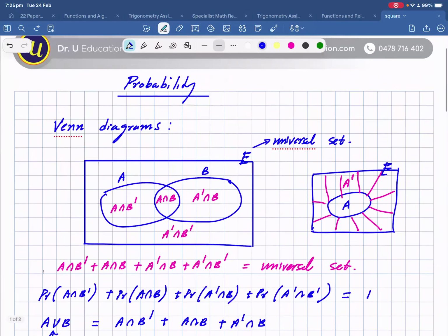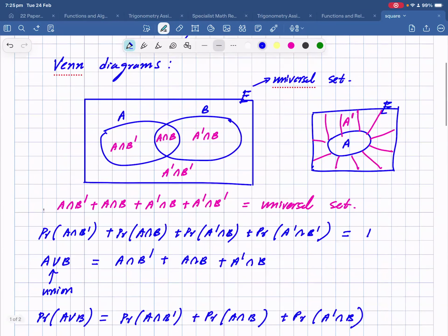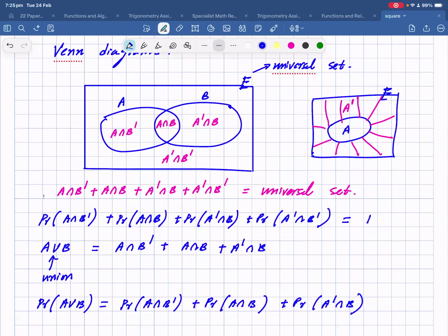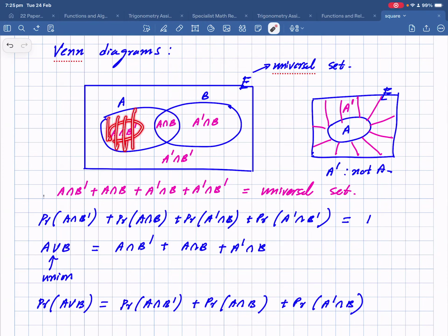So if you have any issue, let me know, or go through this note and understand what is A prime, which is not A. So A prime is not A. Then accordingly, if this is new to you, understand this, which will tell you just this part.